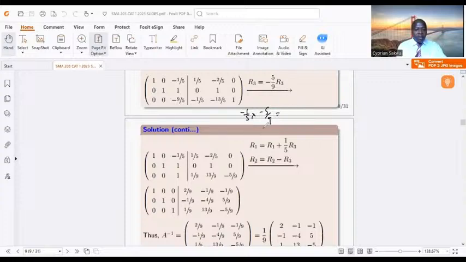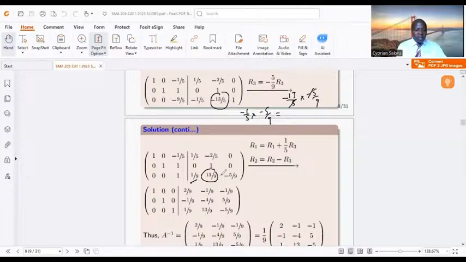And that gives you 1 out of 9. What about here? You have negative 13 out of 5 times negative 5 out of 9. There's a negative and a negative, so that gives you positive 13 out of 9. So that's what you get, and you do the same for the other elements.